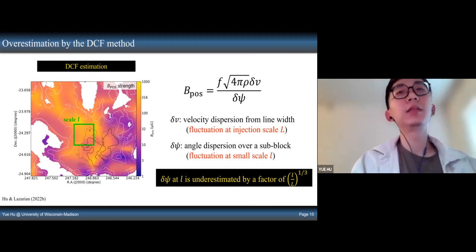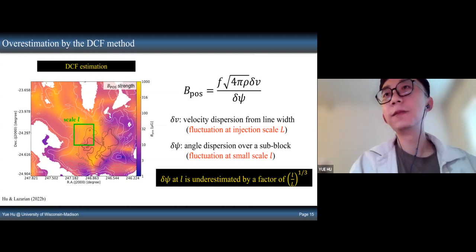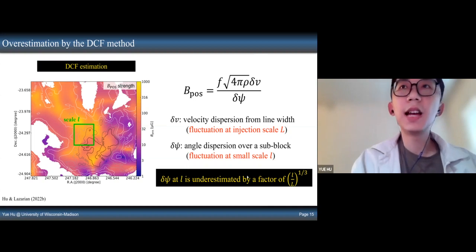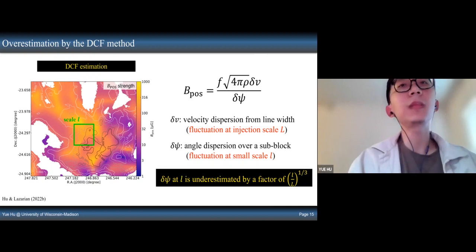So they are measuring at different scales, and if we assume Kolmogorov turbulence, the angle dispersion in this sub-box is underestimated, and this underestimation will cause overestimation of the plane-of-sky magnetic strength. Therefore, we expect that's one of the reasons that our estimation is stronger than the Zeeman splitting.